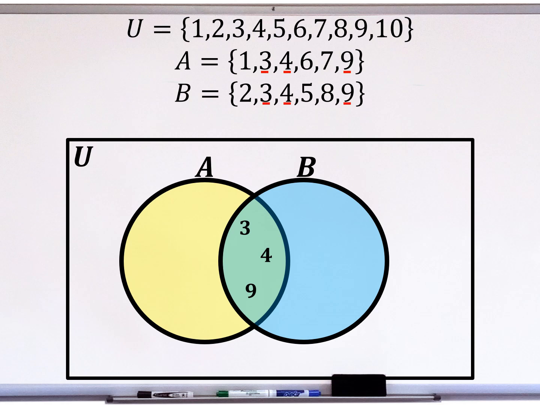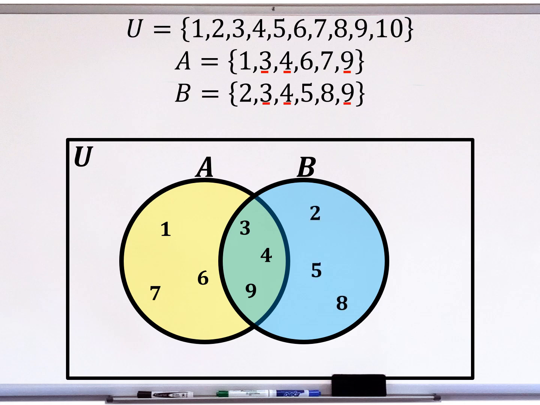And please take note that you're going to write the name of the given set on the upper part of the two circles. Don't forget about that. The remaining numbers for set A are the numbers 1, 6, and 7, so you're going to write these numbers in the yellow region. For the blue region, you're going to write the remaining numbers 2, 5, and 8.